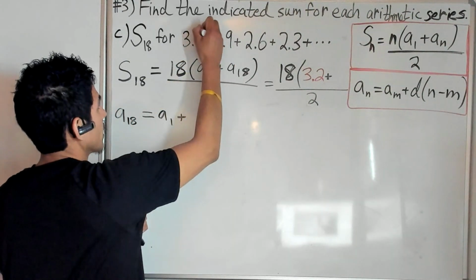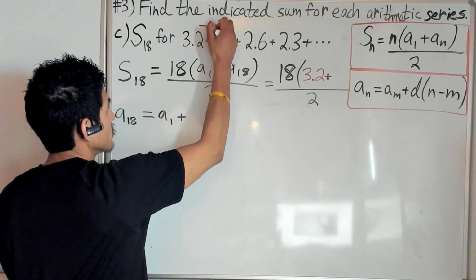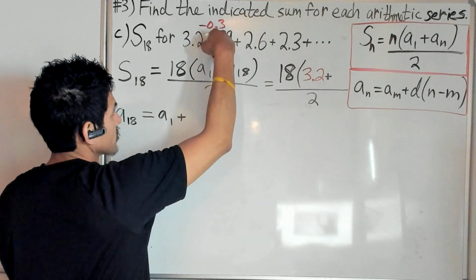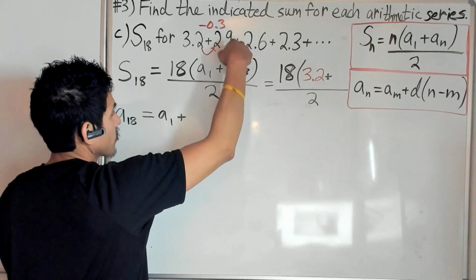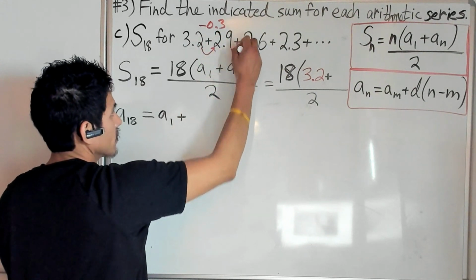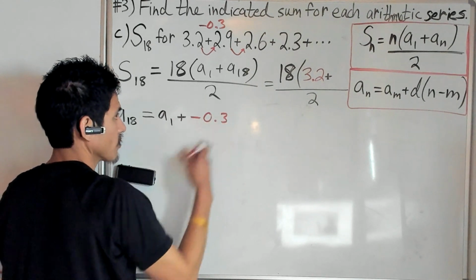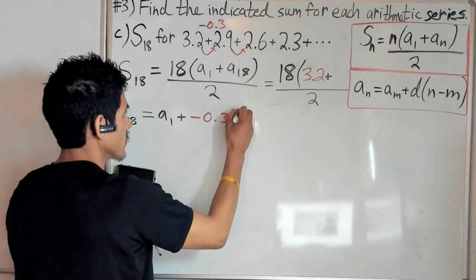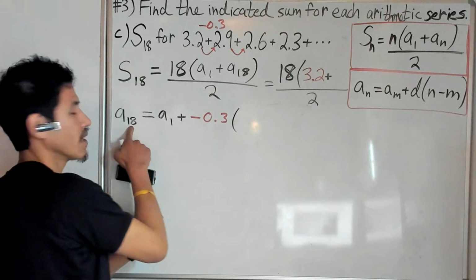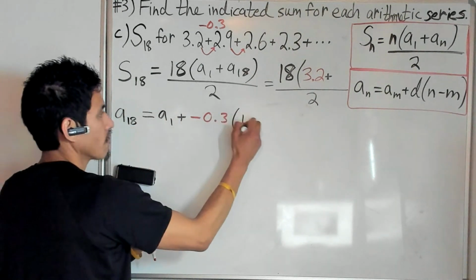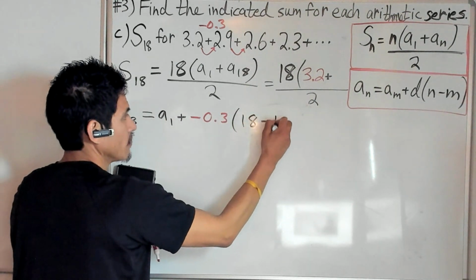And it's going down by 0.3. So d is negative 0.3. It's decreasing by 0.3. This will be plus a negative 0.3 times n minus m. Our n is 18. Our m is 1.